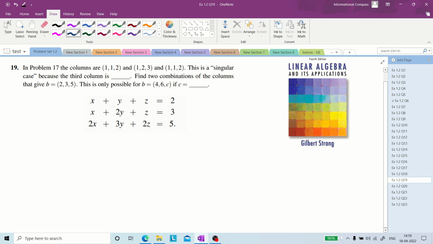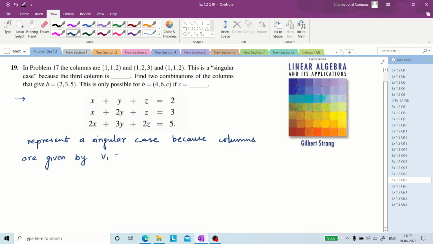These equations represent a singular case because, why? Because columns are given by V1 equal to, you carefully observe, it is 1, 1, 2, and V2 is equal to what?